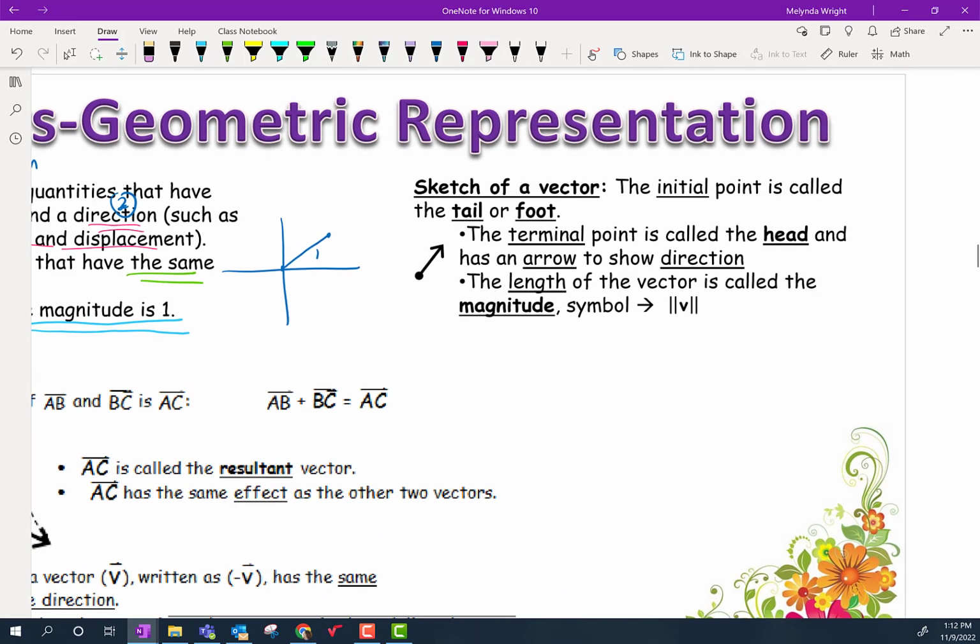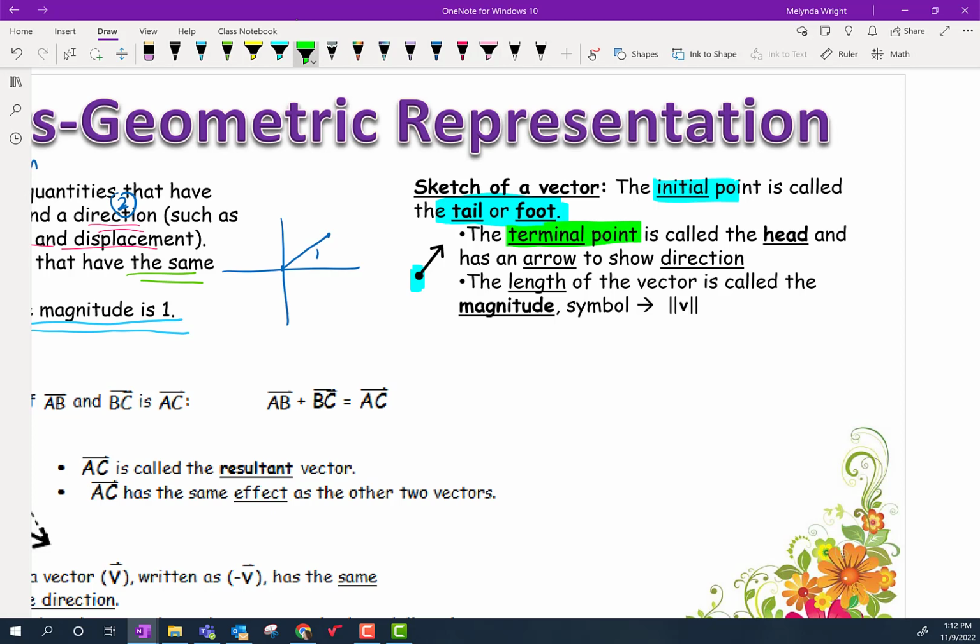So if we're going to be sketching a vector, and this is vocabulary, the initial point or the beginning point is called the tail or the foot. So this little point right here, in vector language, would be called the tail or the foot. The terminal point, which is where it ends, I mean, it truly ends.